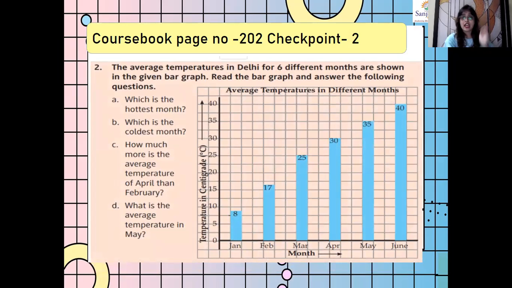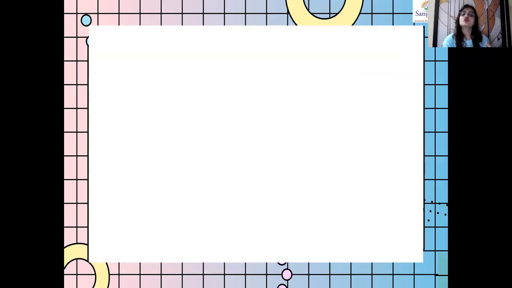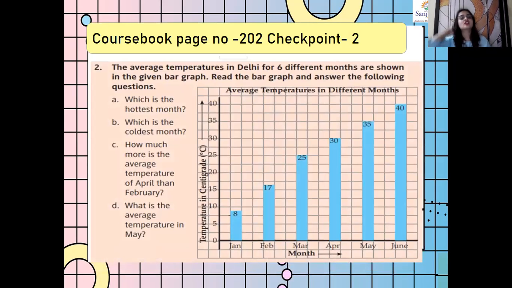Children, pay attention here. I am reading the question. The average temperatures in Delhi for 6 different months are shown in the given bar graph. Read the bar graph and answer the following questions. First, we will look at the bar graph, average temperatures in different months.